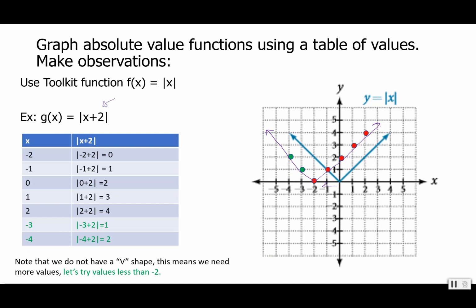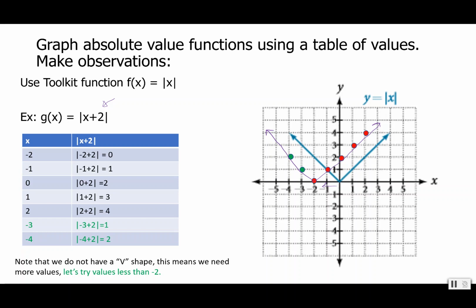There are 2 ways to remember this. One is, how would I get myself back to 0 for my function value? I'd have to put in a -2 for x, right? So I'd have to decrease my x value by 2 to get back to the original values that I had for my output. The other way is to just think of x as being naughty, right? When the x is inside the function, it's going to go in the opposite direction that your brain tells you it should be going.